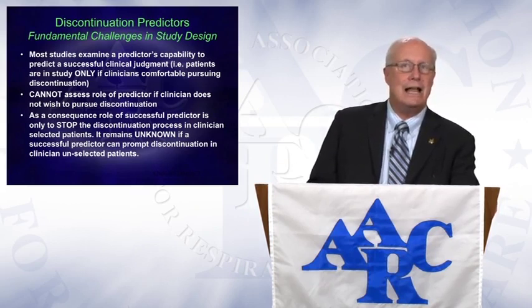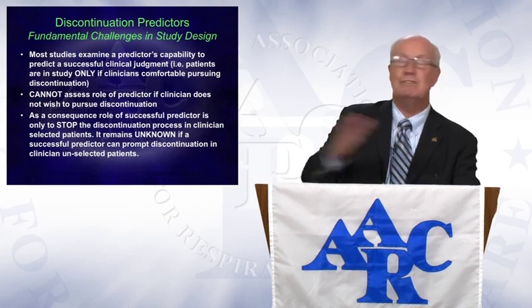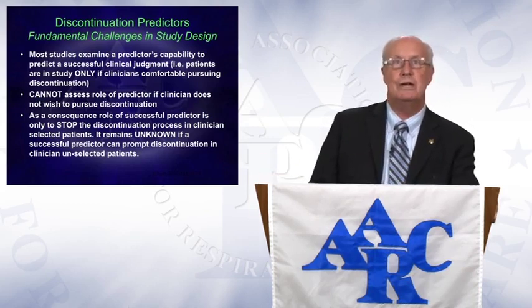It cannot evaluate the role of that predictor if the clinician doesn't think the patient's ready. They won't get enrolled in the study, they won't be studied. So right off the bat, you can see there's a problem with many of these studies looking at predictors because they're not predicting everybody. They're only predicting those that the clinician feels are possible.